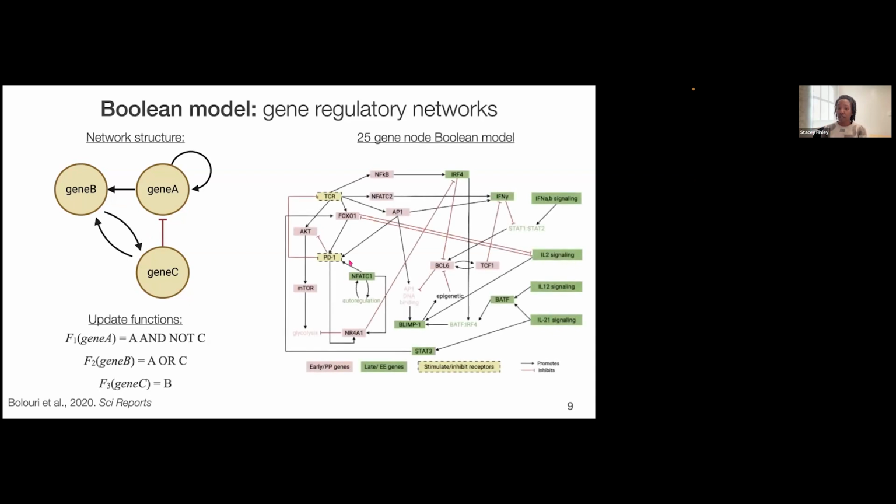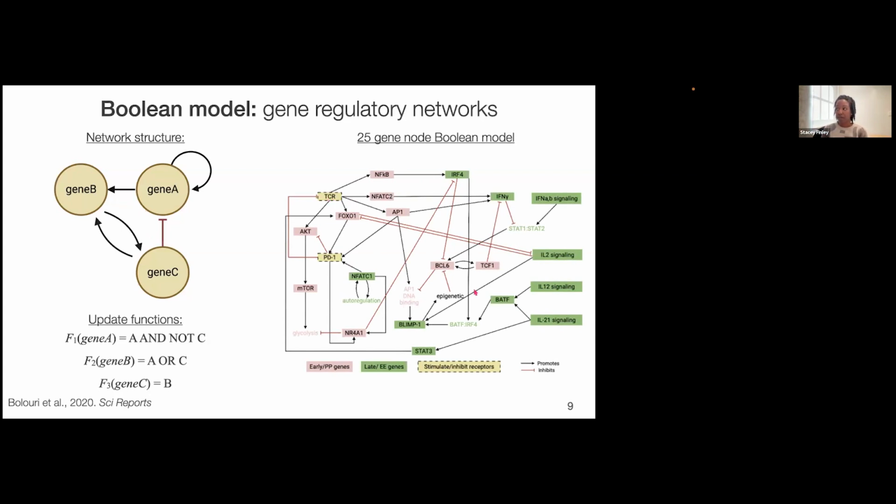Now, again, this is a very simple model, but in the case of T cell differentiation, we have a 25-node gene network where we have different genes that are related to proliferative state, which are shown in pink. We have genes that are related to the exhausted state, which are shown in green. Then we also have important receptors that mediate the activation of T cells.